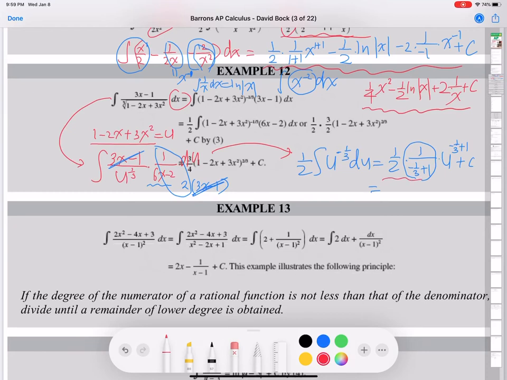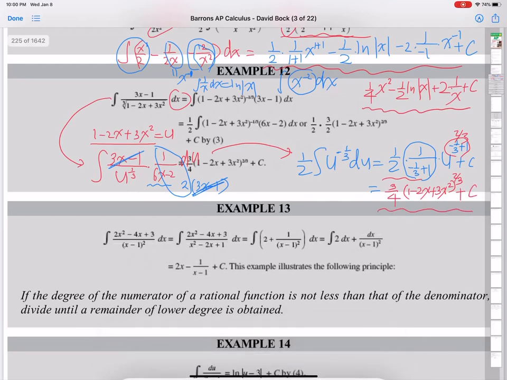This whole thing is going to be 3 over 4 times u to the 2/3 power. Then what was u? u was 1 minus 2x plus 3x squared, right? The whole thing to the 2/3 power plus c. This is the final answer.